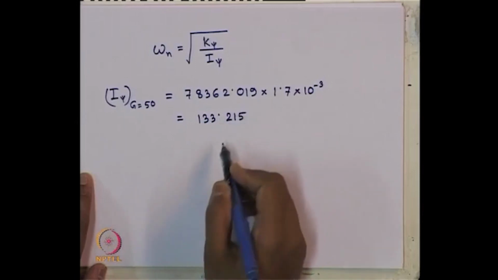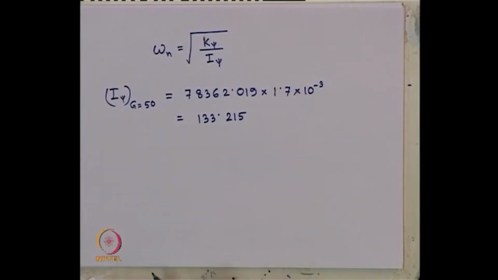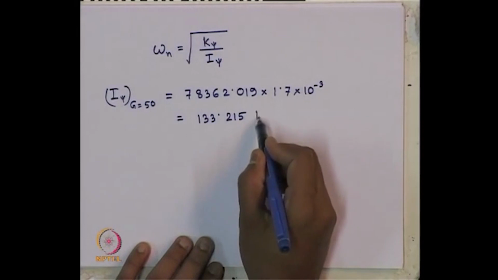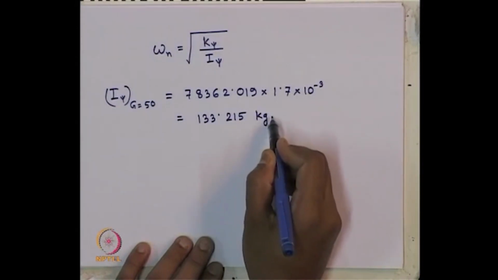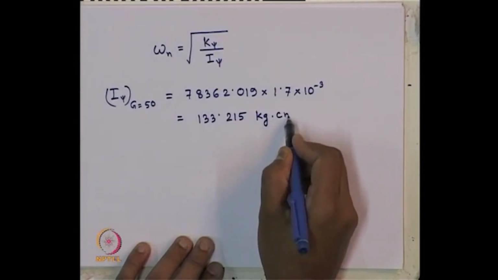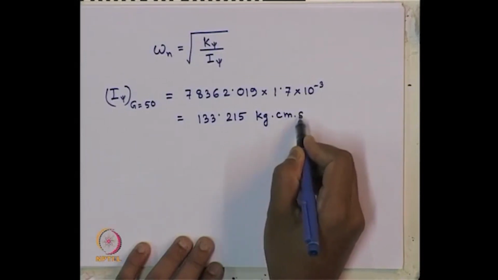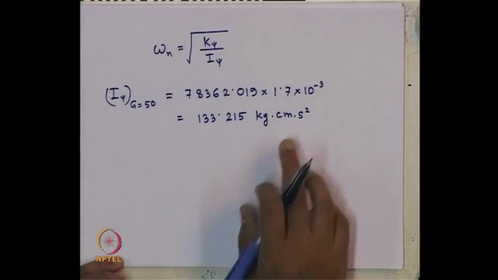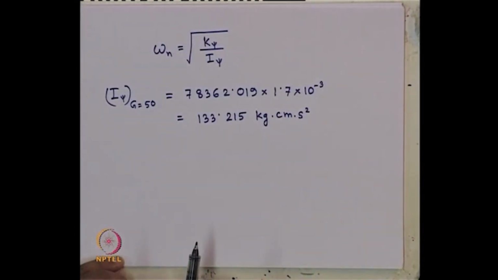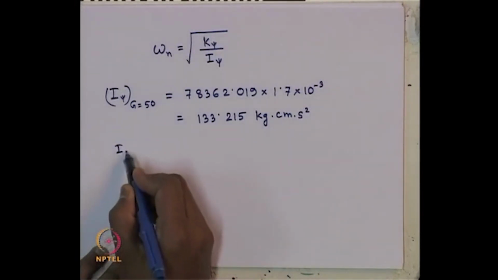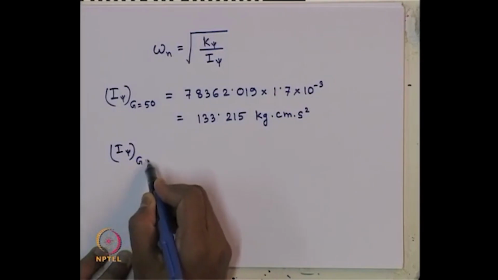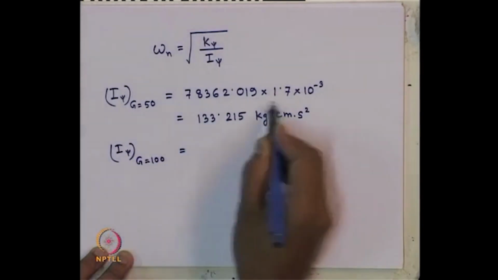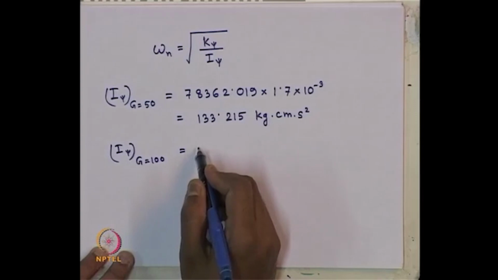133.215. What should be the unit of I psi? Kg centimeter second square. Where did this second square appear from? In the unit of rho, we have made it gamma by g, from g it has come. Okay. I psi for G equals to 100 will give us this into 1.8 into 10 to the power minus 3.